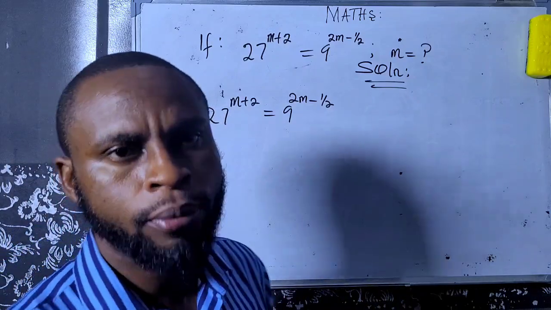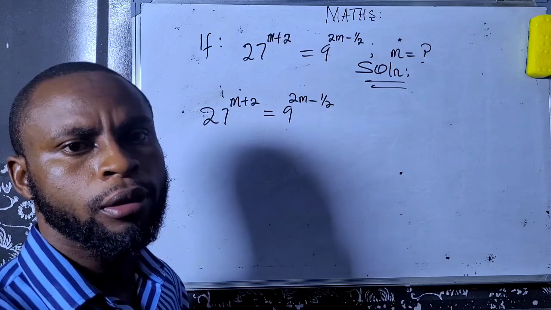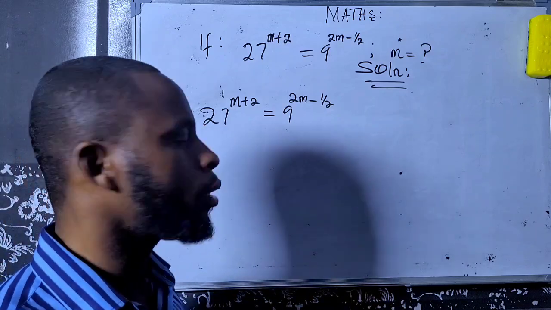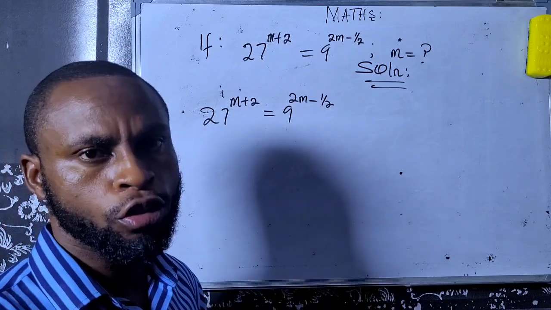Here, the first step to be considered is to express both sides of the equation in the same base. We have 27 here and 9 here. We can as well express 27 and 9 in base 3.